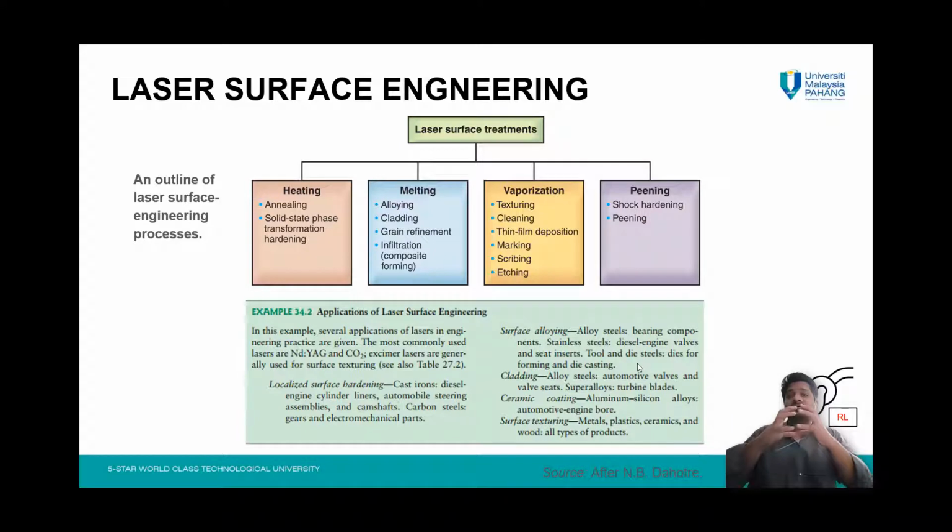Perhaps it can change the size of the grains, perhaps it can reduce or increase them. So this will change the function of the surface of the material. So lasers can be used to do heating, such as annealing, solid state phase transformation, hardening, etc.